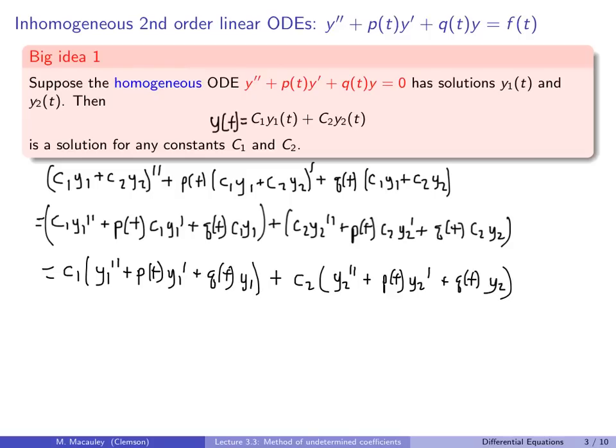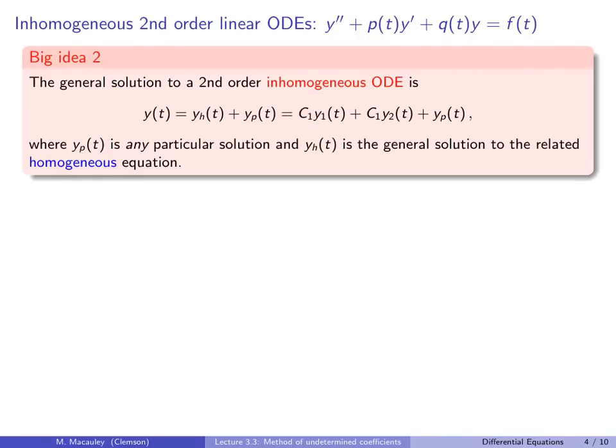And notice that naturally this equals 0. Why? Because y1 solves this, and that's exactly what it means to solve, that this thing is equal to 0 for y1, and similarly, this is equal to 0 as well. So therefore, the sum of this is equal to 0, and that's exactly what we wanted to show.